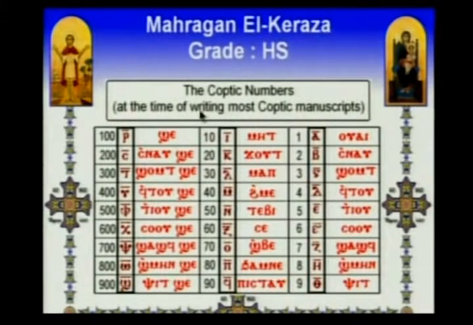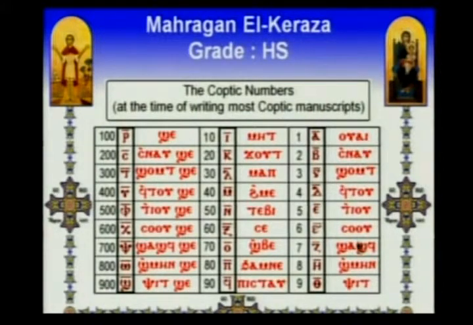Here I want to show you the shape of the numbers in the Coptic alphabet, the way they used to write it at the time of the manuscripts. As you can see, the whole system of letters was composed of 3 columns of 9 each.